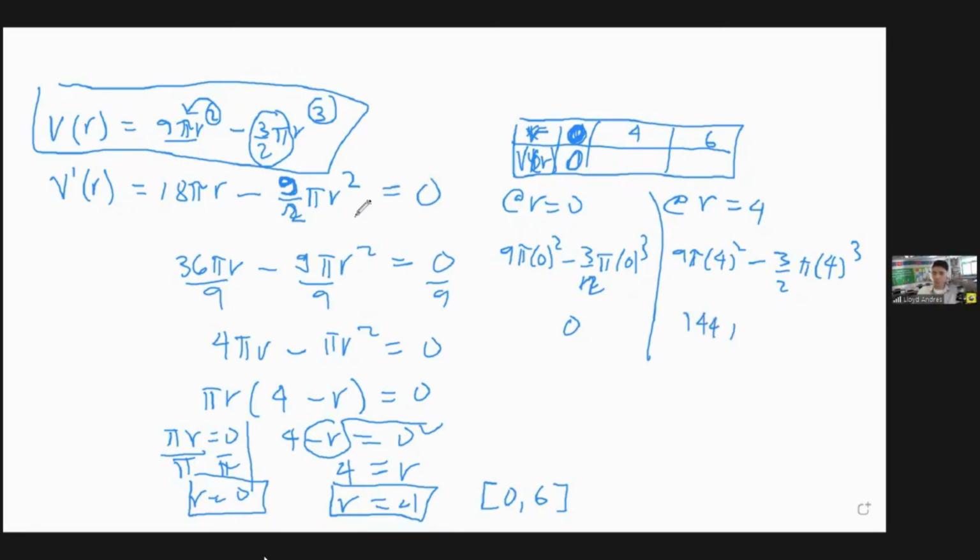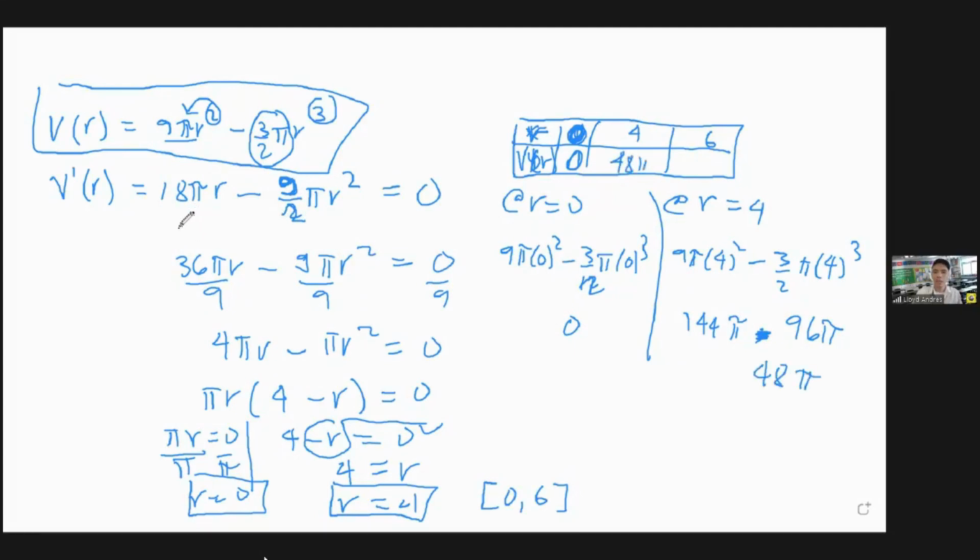Minus this: 4 cubed, 4 exponent 3 is 64, times 3 divided by 2, that's 96. Minus 96 pi. So 144 minus 96 is 48 pi. So 48 pi there.